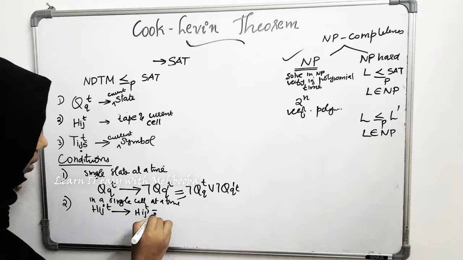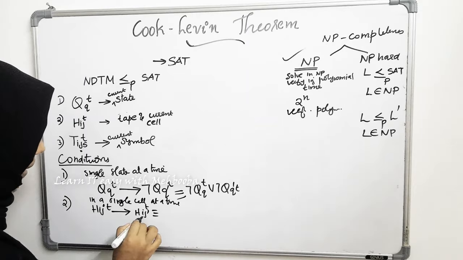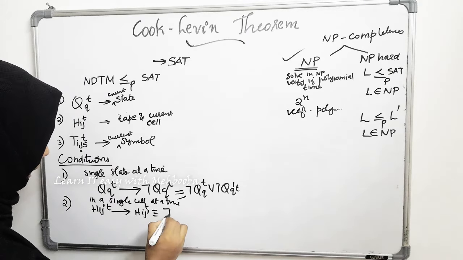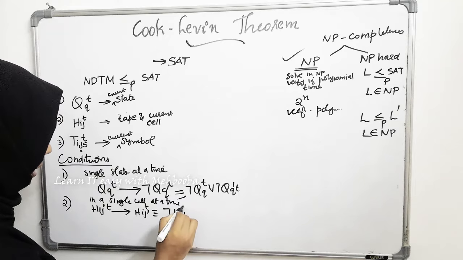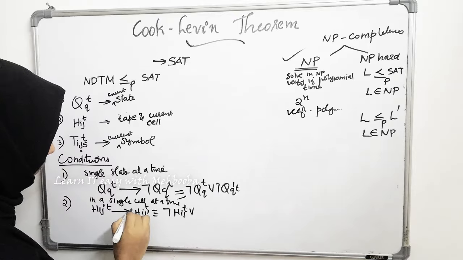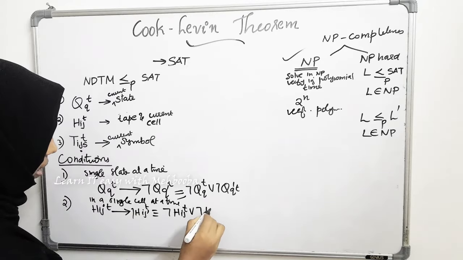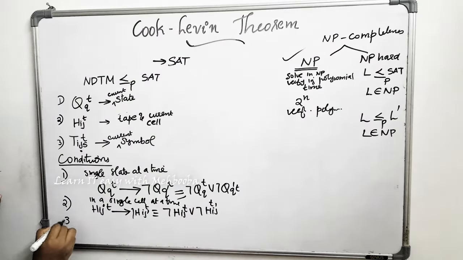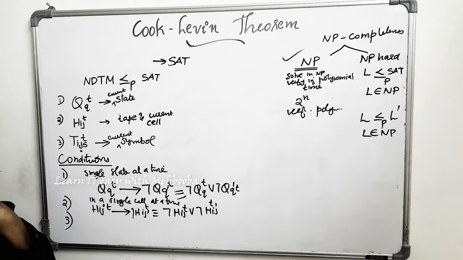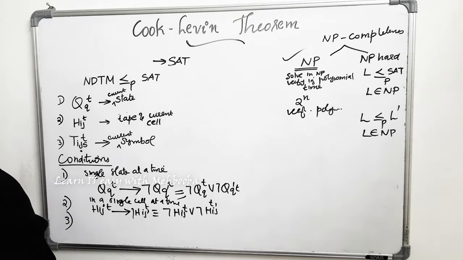Or equivalently, this is of the form P implies Q, you can convert it as negation H_ij or negation H_ij dash t.